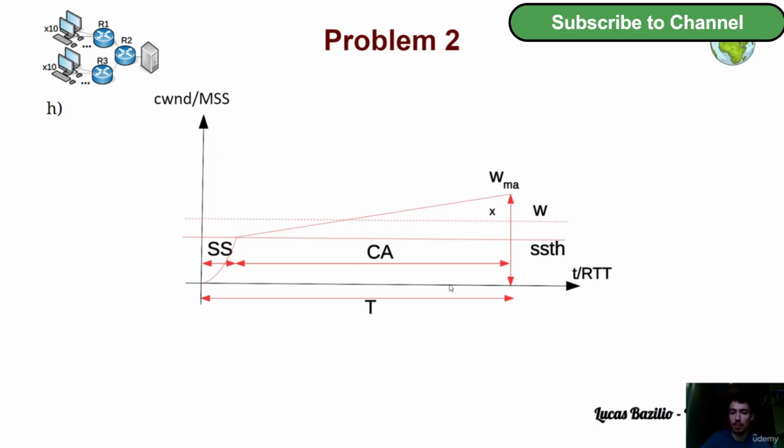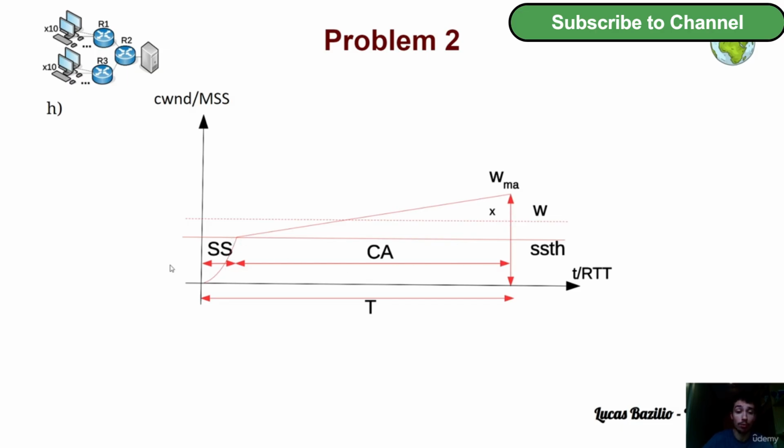In fact, what we have here is the time in round trip times. So each unit that we see here on the x-axis is one round trip time. And each unit that we see here on the y-axis is one maximum segment size of the value of the congestion window. So of course, at the very beginning, we will have the slow start threshold at a given value.